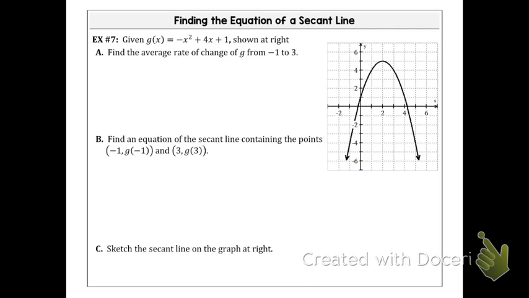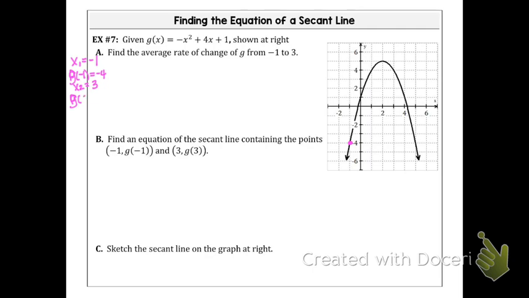We can see over there that when x is negative 1, its y value is negative 4. And then when x2 is 3, oops, this should be a g, not an f, I apologize, because it says the g function.